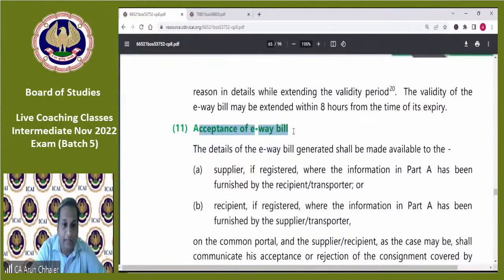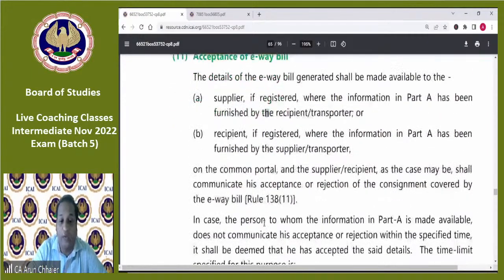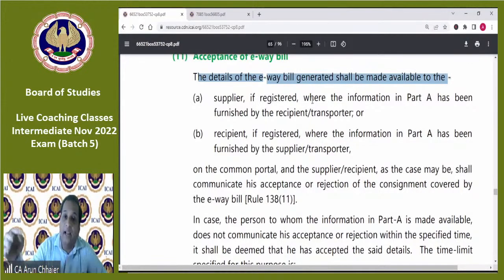Acceptance of e-way bill. When the supplier is generating the e-way bill, then Part A has been registered. If the e-way bill has been generated by one party, another party can accept or reject. The time limit is 72 hours. The details of the e-way bill generated shall be made available to the supplier, if registered, where the information has been added by another party, either recipient or transporter.